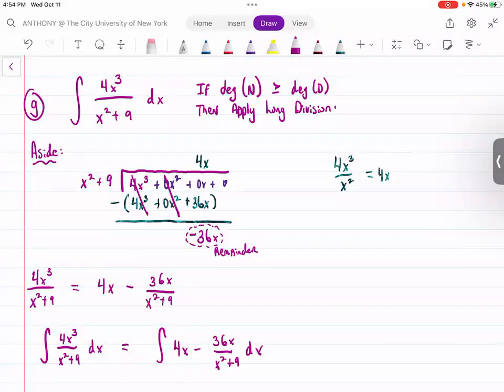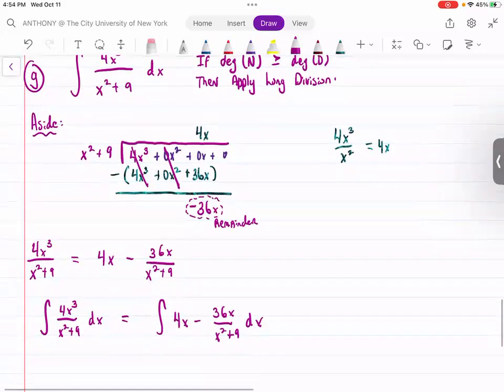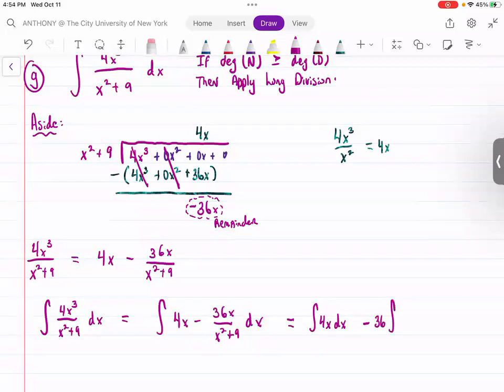And if you wanted to, you could split this into two integrals: the integral of 4x dx minus 36 times the integral of x over x squared plus 9 dx. Just a little disclaimer here: the negative 36 I could pull outside of the second integral, and inside you'll get x over x squared plus 9.